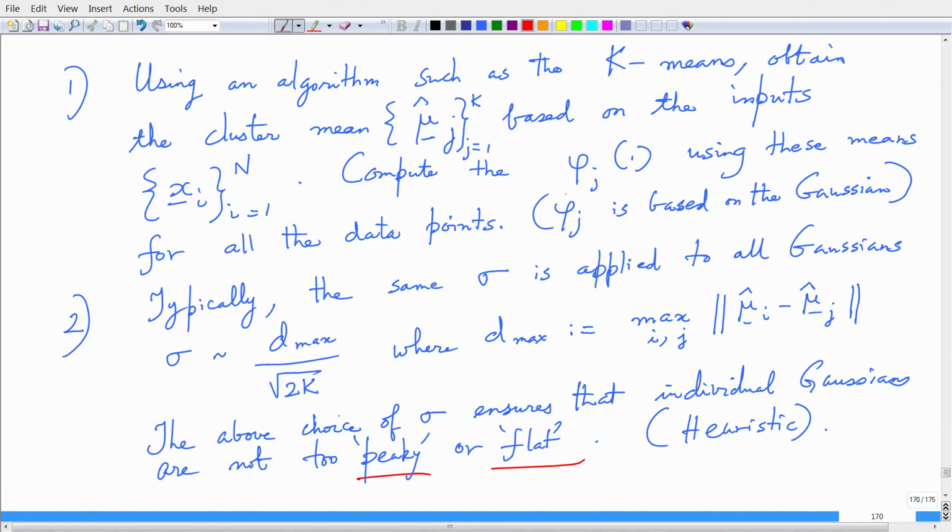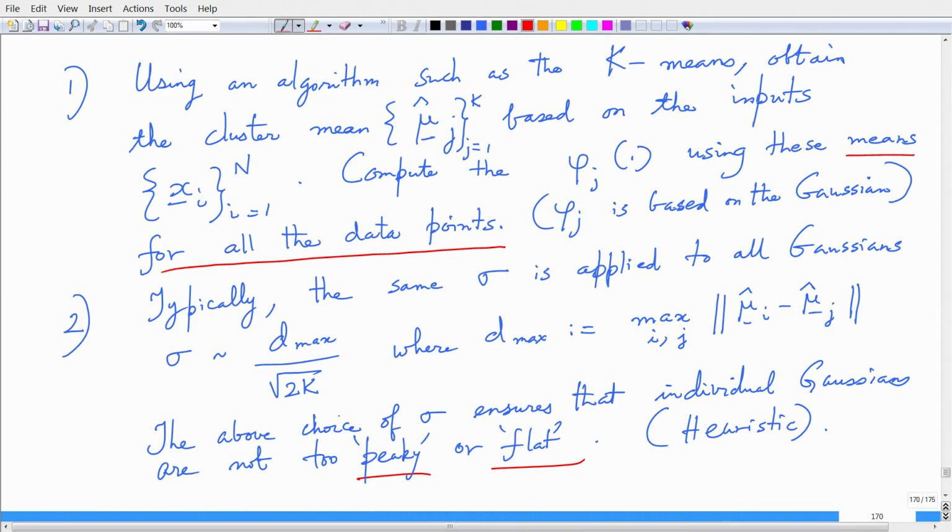And then we compute these phi j's using these cluster means over all the data points, and once we have these computations done and a phi matrix formed from these points, that is we have data points and the clusters, and with this evaluation we can form a matrix and we can combine those along with the weights and the desired response in the form of a matrix equation and then solve it.